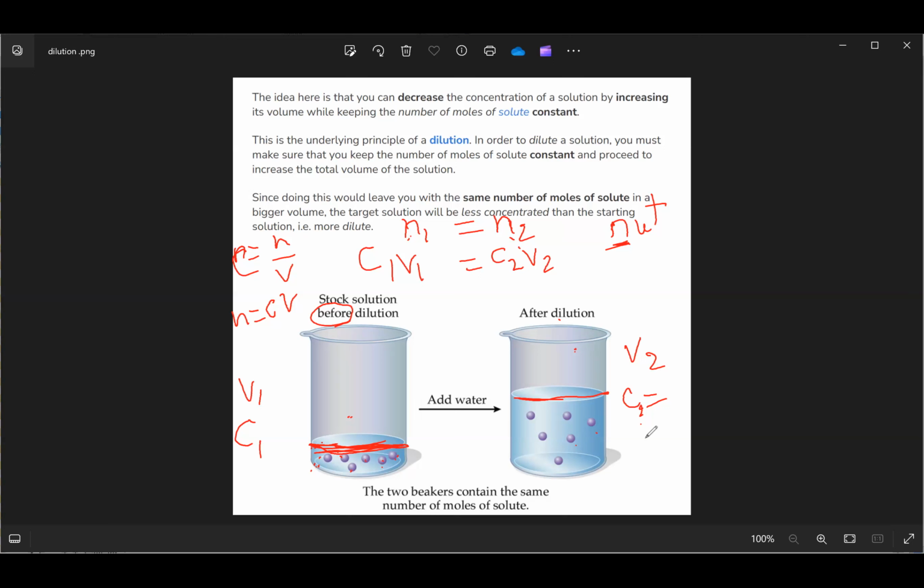This picture is very important because I tried to find a picture. Some put different numbers and add them, which is wrong. The number of moles never changes in dilution. I will solve one or two exercises to show you how it works.